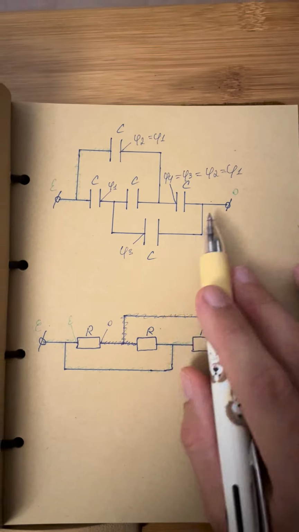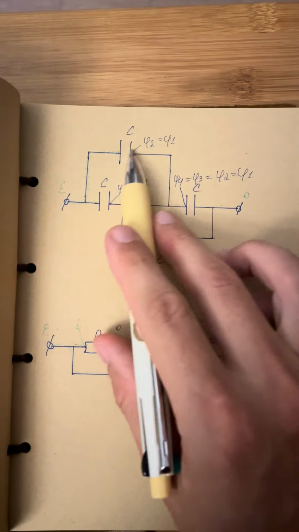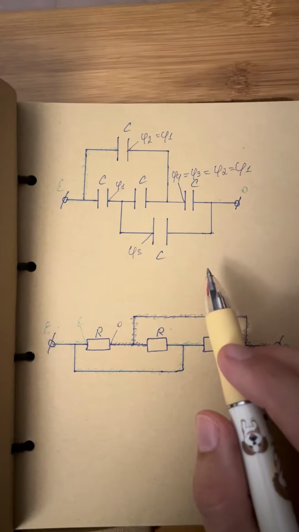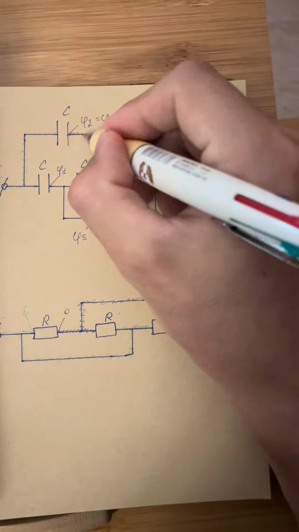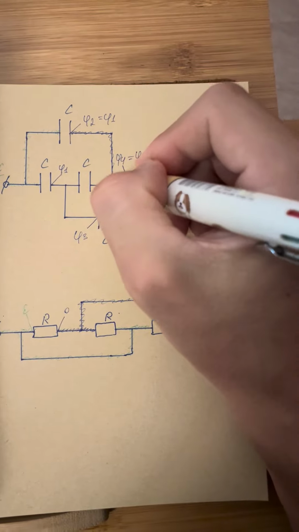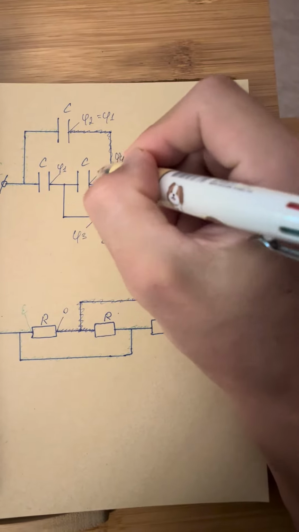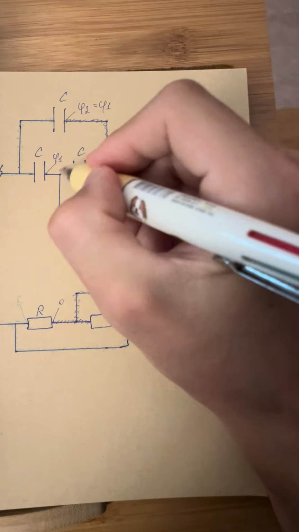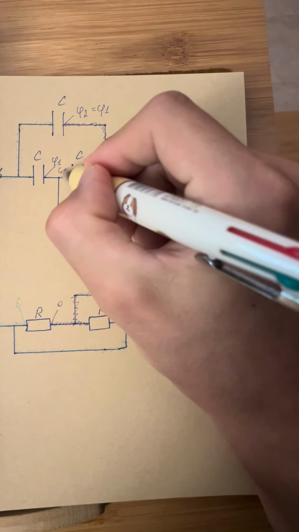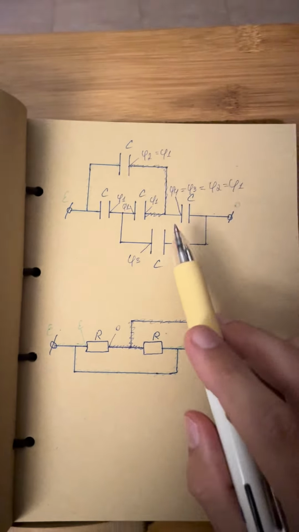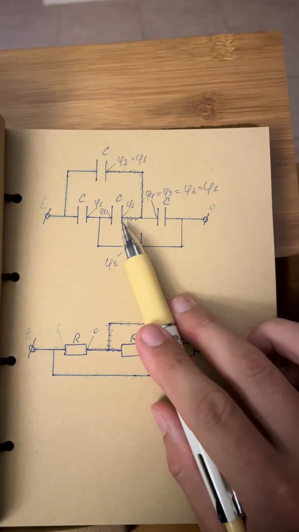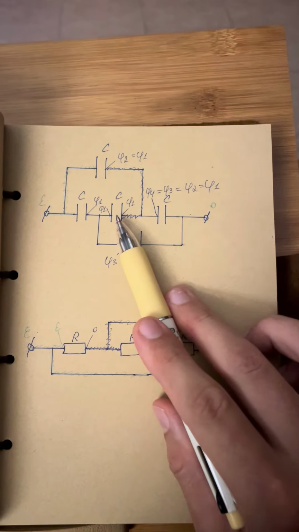It's absolutely the same here as here. So what does it mean? If we have potential phi 1 here and phi 1 here, it means that the potential difference on this capacitor is 0.